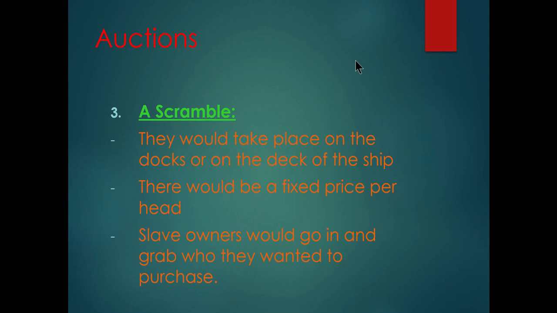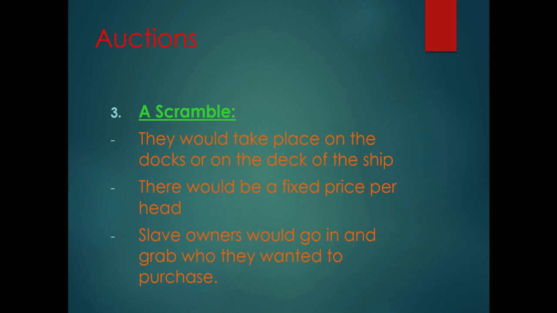And the last type of auctions were called a scramble. This is where the auction would take place on the dock or the deck of the ship. Sometimes they didn't even get off the ship before they were sold. The captains would say, all right, this slave is $55, or however much they decided the person was worth.